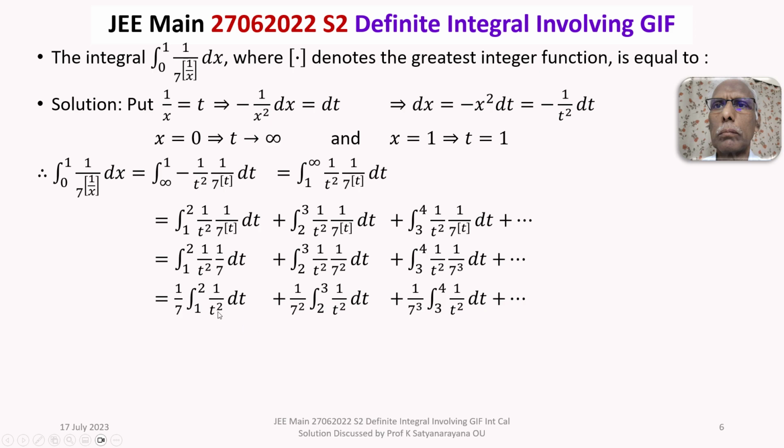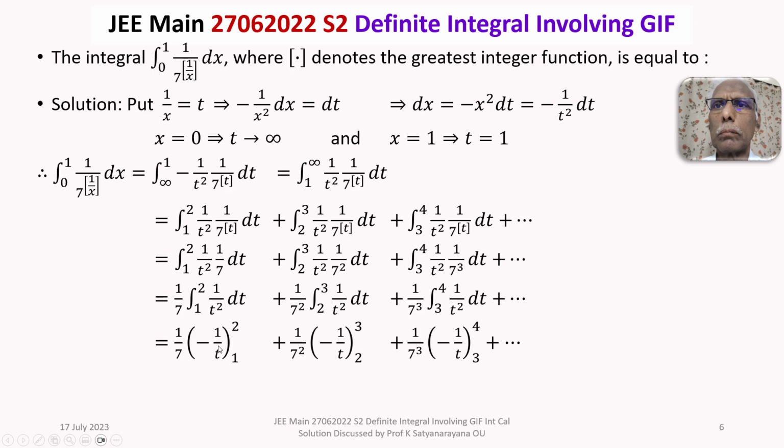Now the integral of 1 by t square is minus 1 by t in all these, and we put the appropriate limits. That is equal to 1 by 7 into minus 1 by t from 1 to 2, plus 1 by 7 square into minus 1 by t from 2 to 3, plus 1 by 7 cube into minus 1 by t evaluated between the limits 3 to 4, plus so on and so forth.